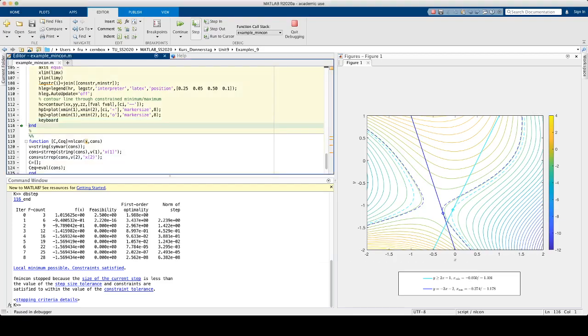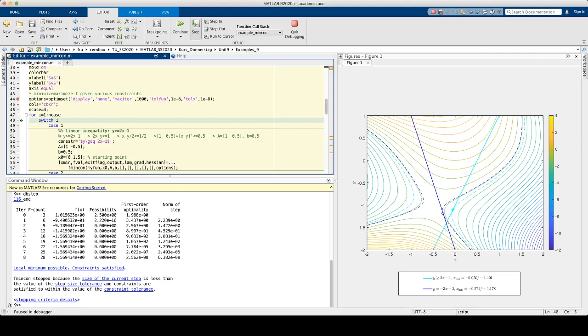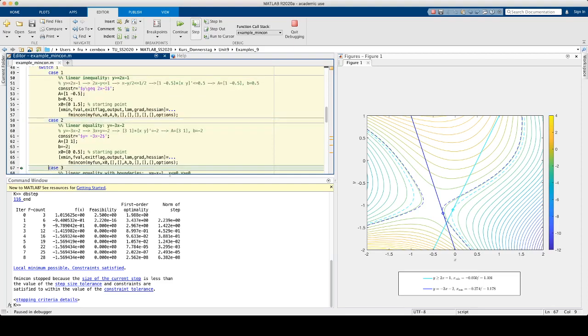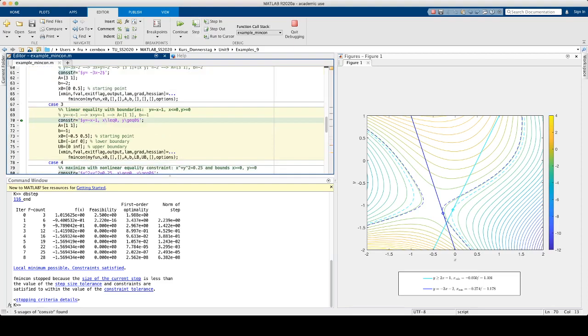Let's step to our next example, the third one, which is a linear equality with additional boundaries. The linear equality constraint reads y equals minus x minus 1. And the boundary conditions are x must not exceed 0 and y is larger or equal to 0.